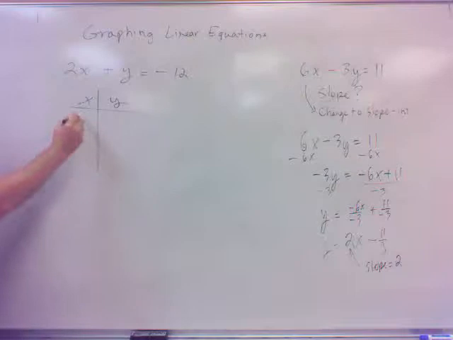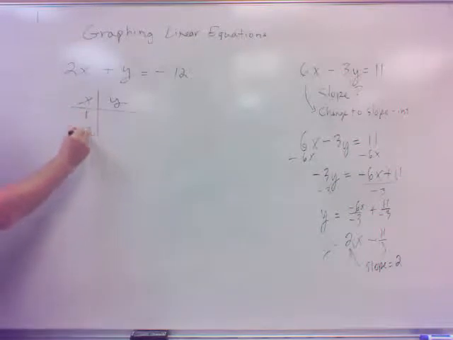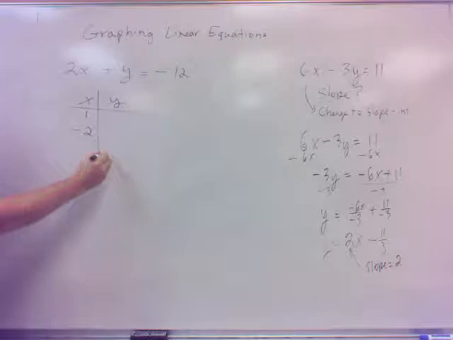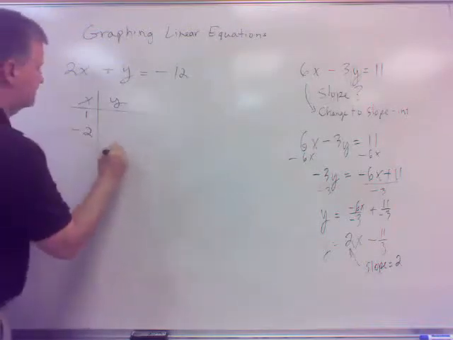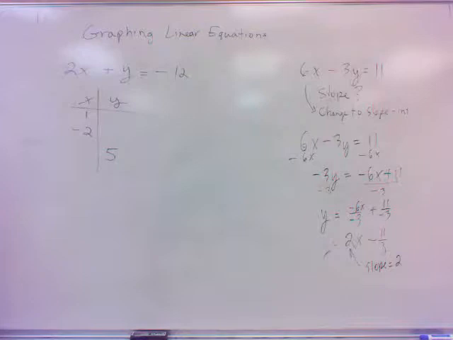Let's say for x, let's go with 1 and -2, and then for the y, make it 5. The y is 5. You can always draw up a table or complete a table to help you out on the graph.